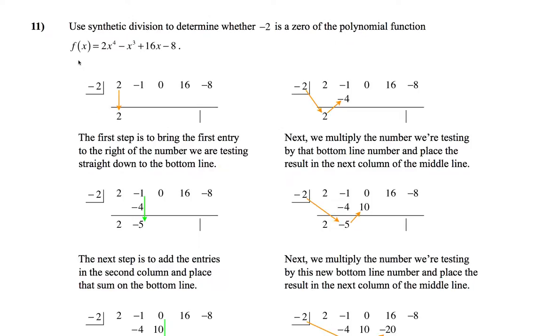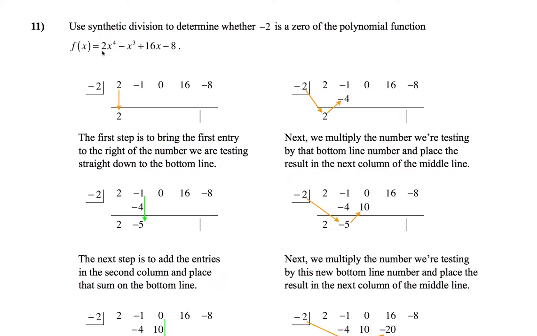Now, to use synthetic division to determine whether some number is a zero of a polynomial function or not, we first write that number in a little bracket like we have here, and then to the right place the coefficients of the polynomial we're testing it in.